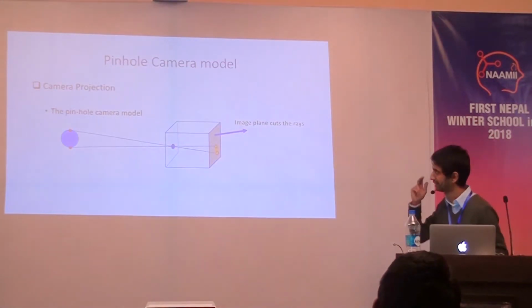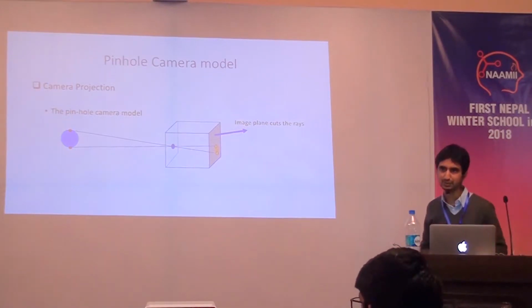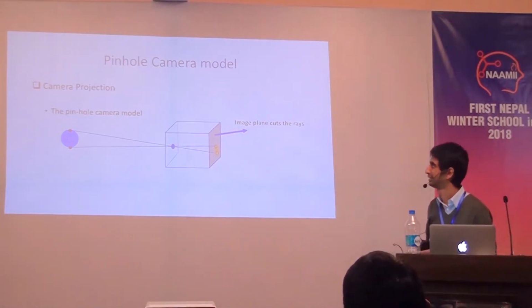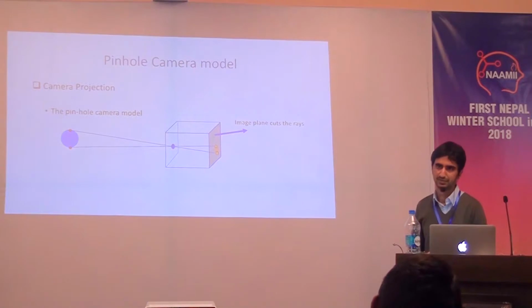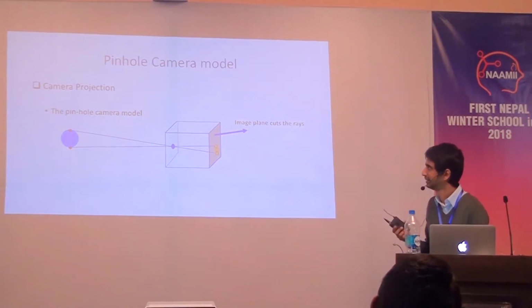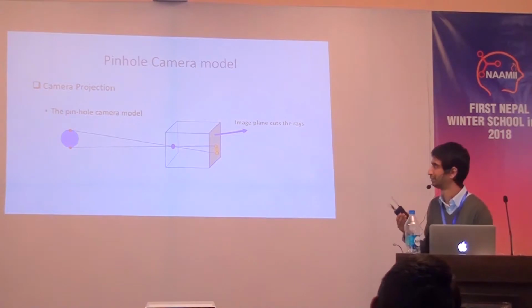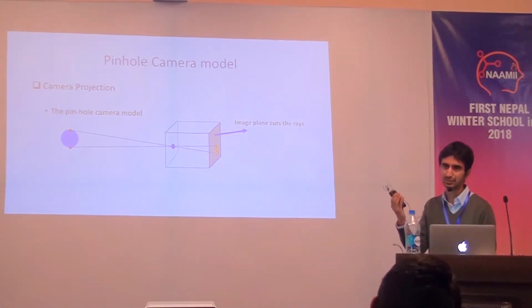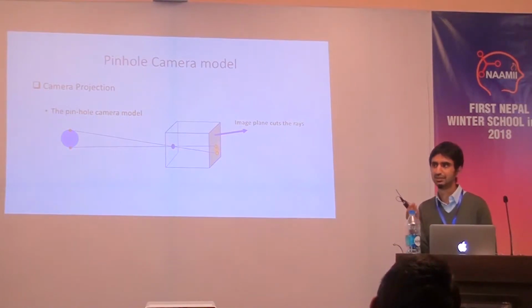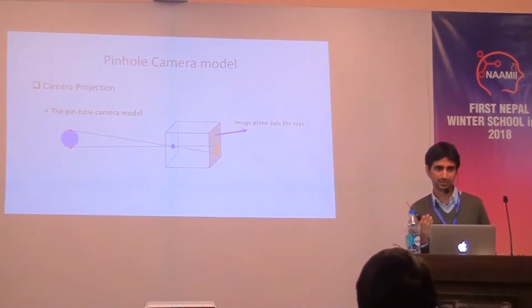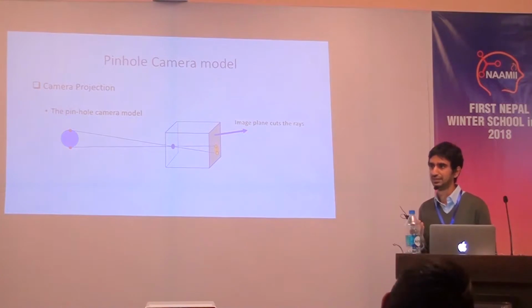So let's go into what a camera is. We're using cameras every day, and we take pictures, and sometimes we fail to recognize that we're getting 2D information from 3D. Pictures are all 2D.